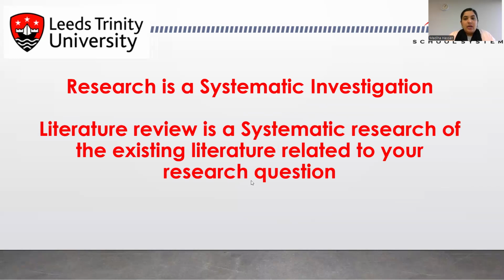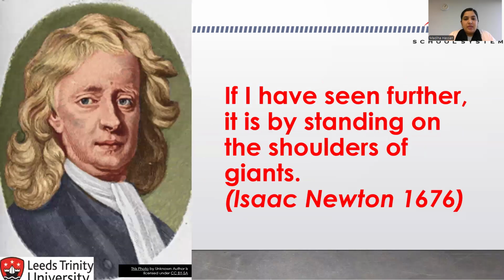We don't need to just go and type whatever the topic is and start searching about it. No, literature review is a systematic research. You need to have a proper system in order to do this.